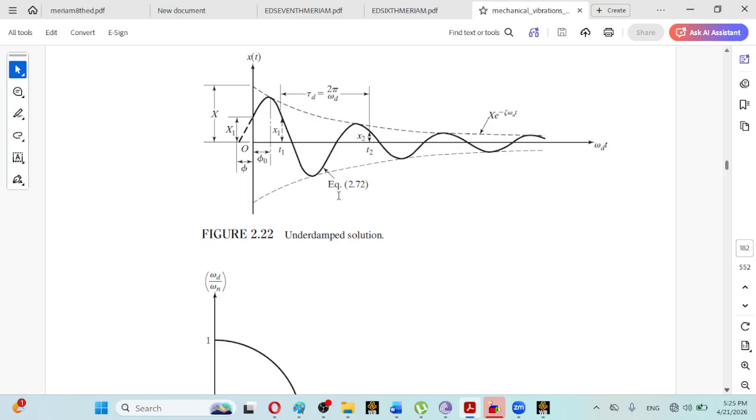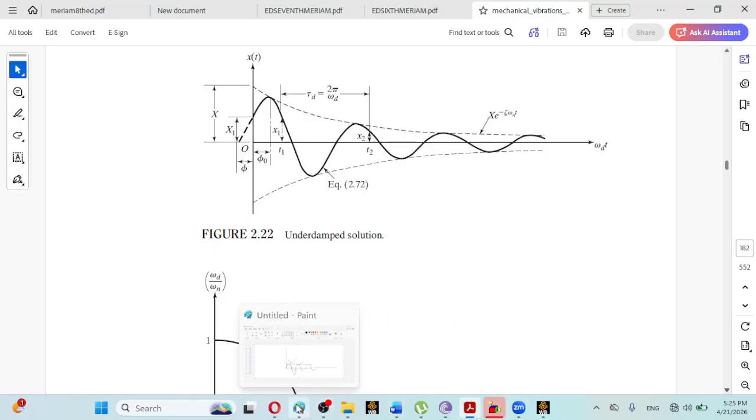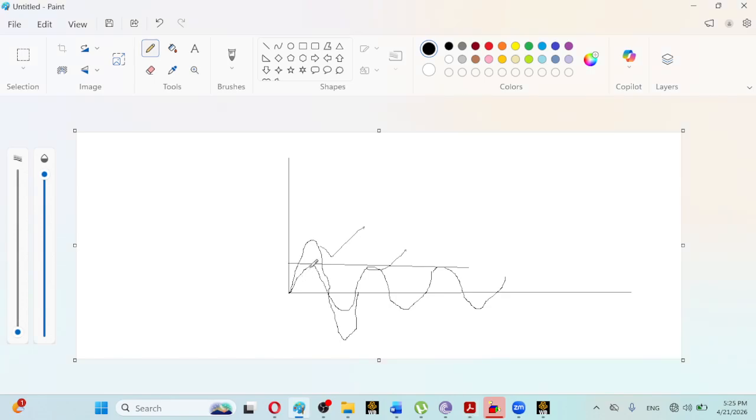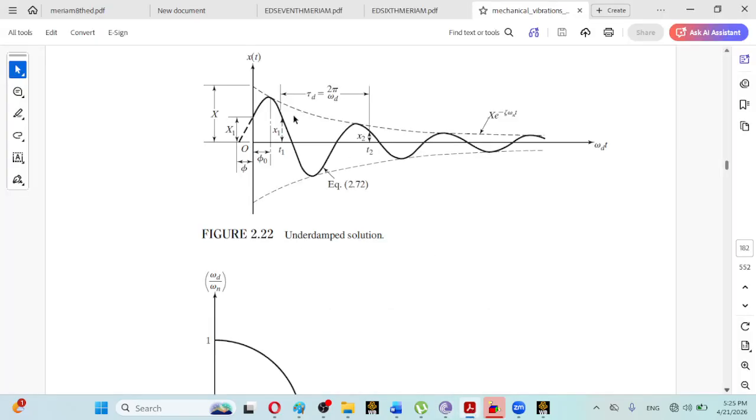And as I have already told, if this term disappeared, then there will be no decrement of amplitude of damped oscillations, as I have told here, all peaks will be at the same elevation. But if we are plotting the complete equation 2.72, we will be obtaining this solid plot.